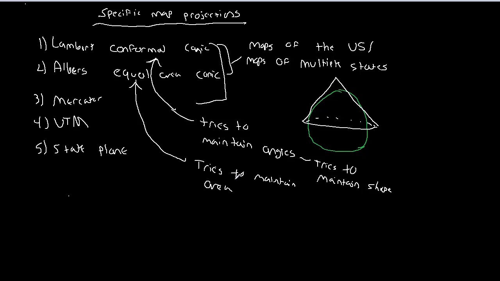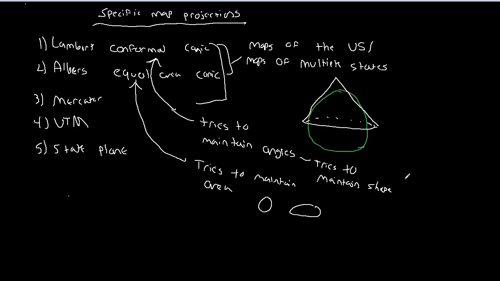obviously means it tries to maintain area. Because distortion is inevitable, the question becomes, how do we represent that distortion? Do we change the shape of a landmass or region while trying to maintain the area? If this is the reality of it, do we make it look like this, which is the same area?